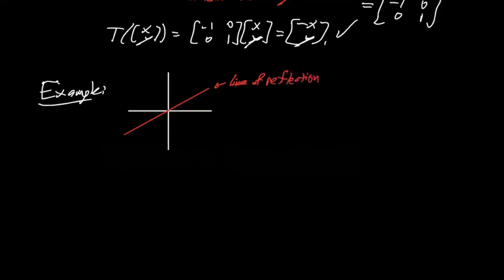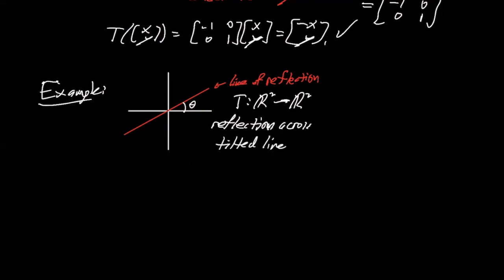And to specify it, let's just say the angle it makes is theta. All right, so T is reflection across this line. Now, again, we just need to see what happens to i hat and j hat, or the 1, 0 and 0, 1 vectors, however you want to say them. And if we can write that down, then we can actually write down the matrix, but it's a little tricky.